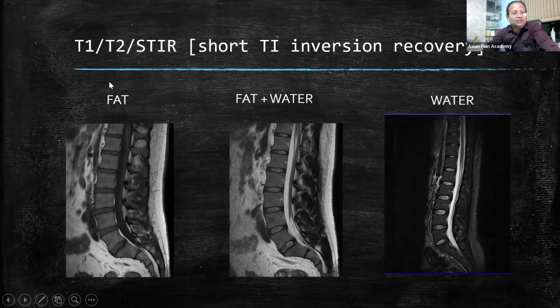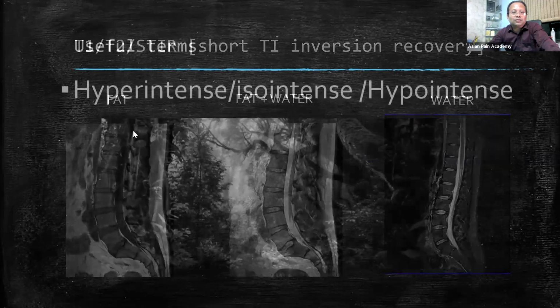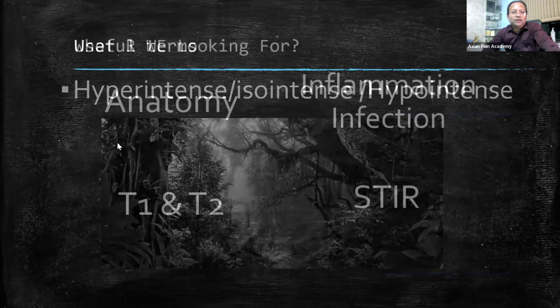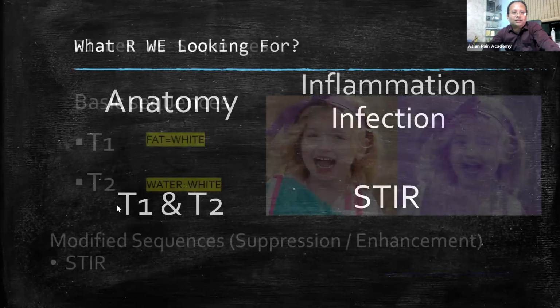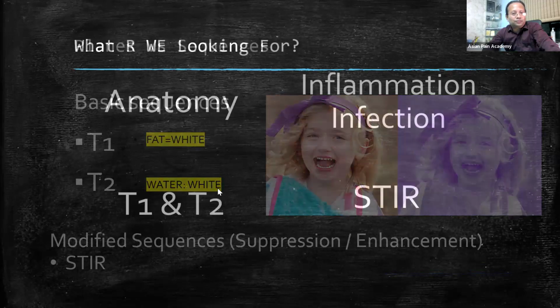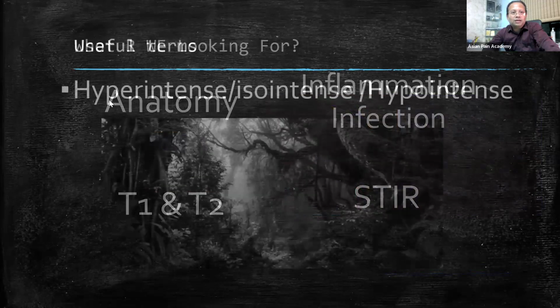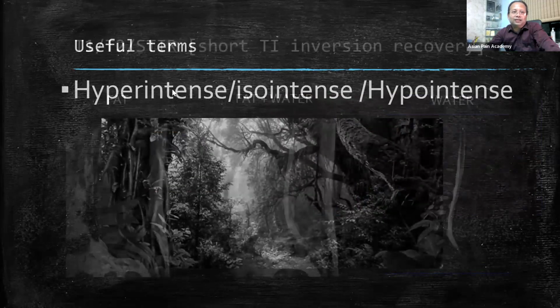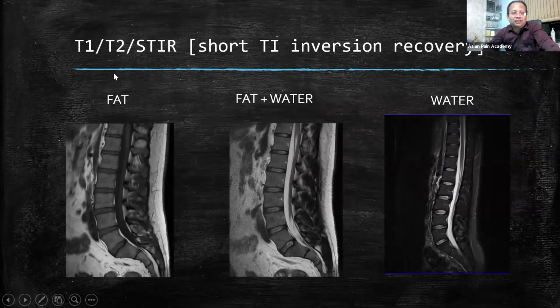In T1, it is the fat which is white. I already told you, just memorize this part. This is very important: T1 fat white, T2 water white. Remember the fat to water journey. T1, T2, STIR. T1 fat white. T2 is fat plus water white.